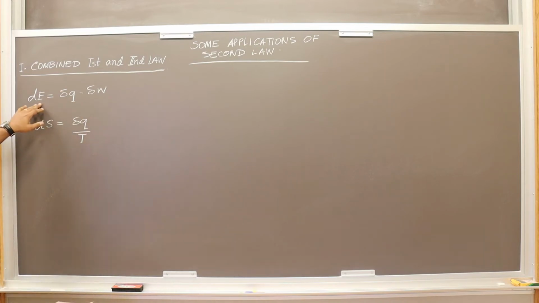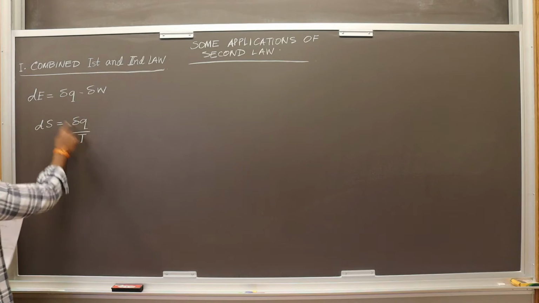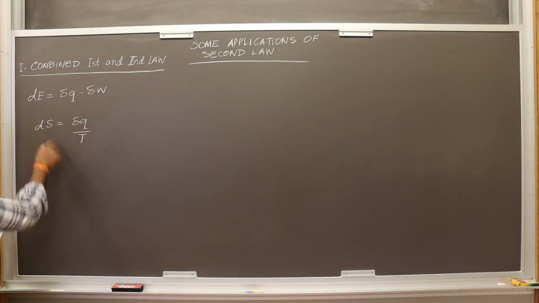We have seen this many times, the first law: dE is equal to del Q minus del W, and the second law is dS is dQ by T. Now if we want to combine these, we just replace the dQ by T dS.